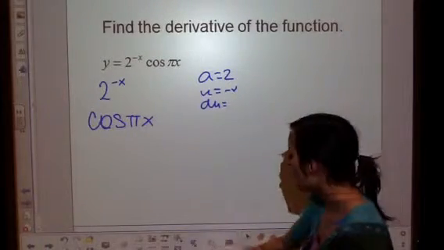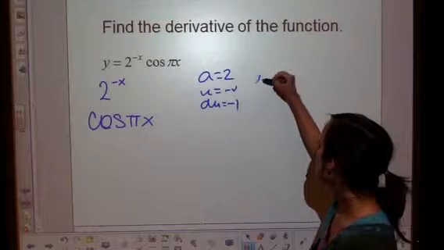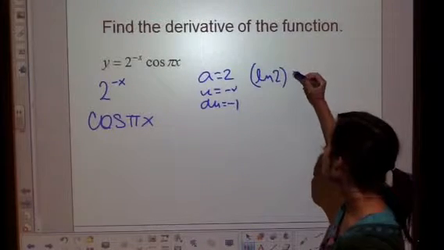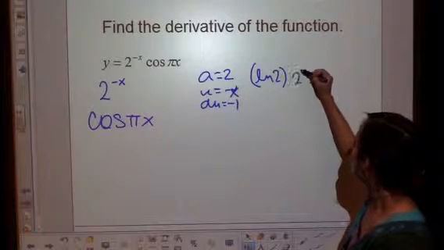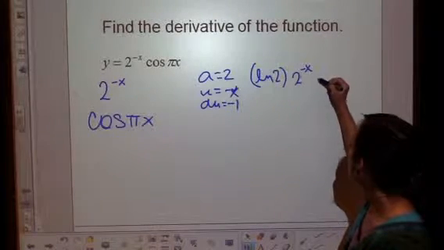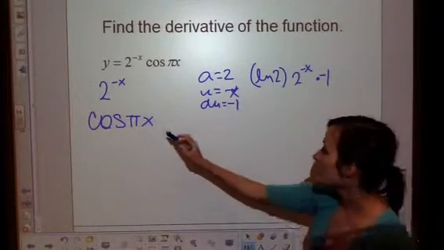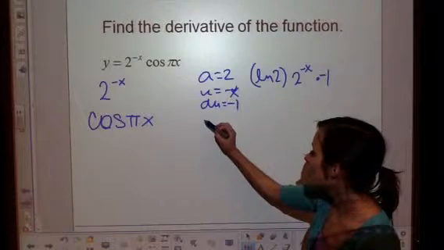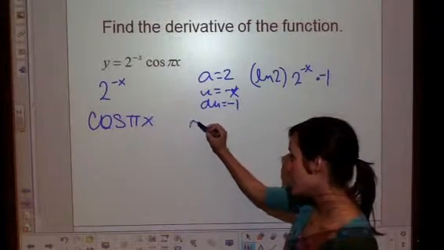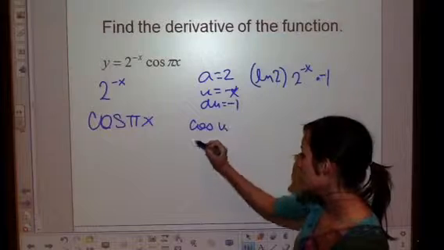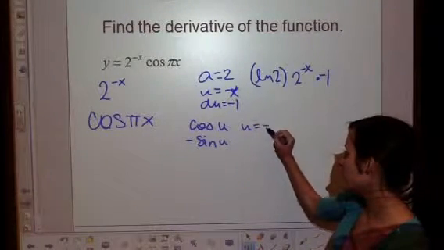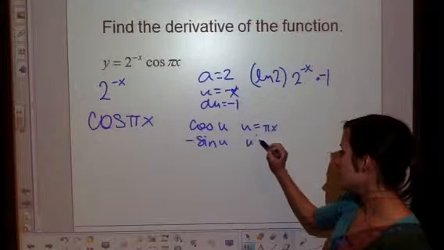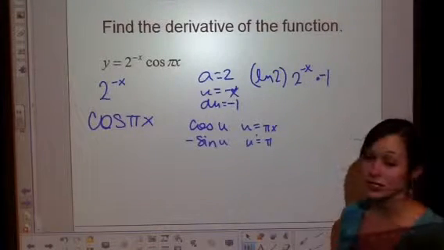So we got ln a times a to the u times du. Here we are going to say that we have cosine of u, so its derivative is negative sine u, with u being pi x, so derivative of u is pi.